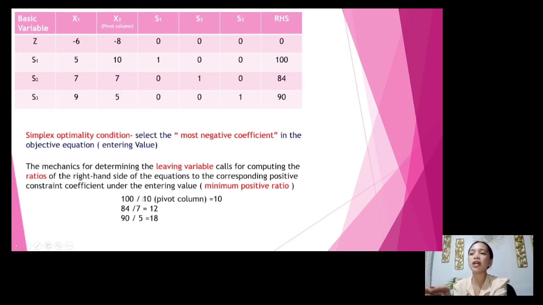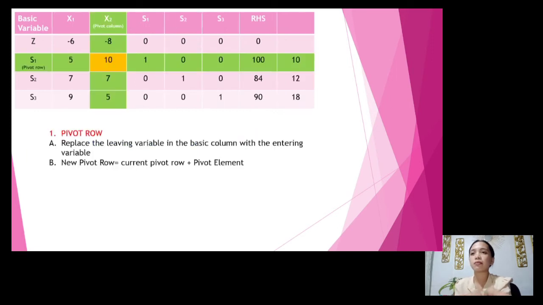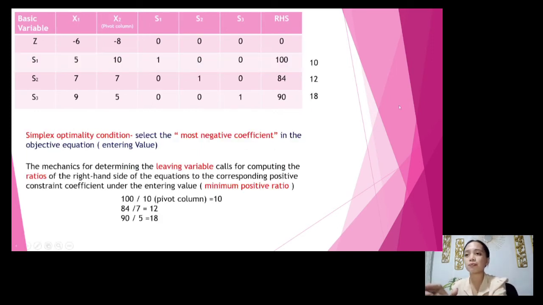So 100 divided by 10 is 10. Next is 84 divided by 7 is 12. Then 90 divided by 9 is 18. So this is our minimum positive ratio. For us to get it, we should identify the minimum from this group.